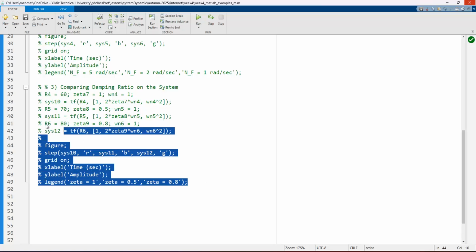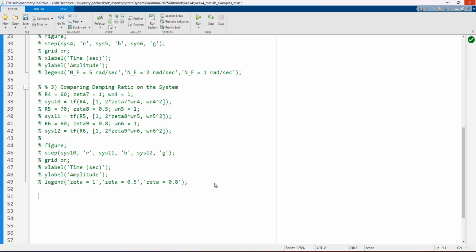Also, we can define another property here for step response characteristics.